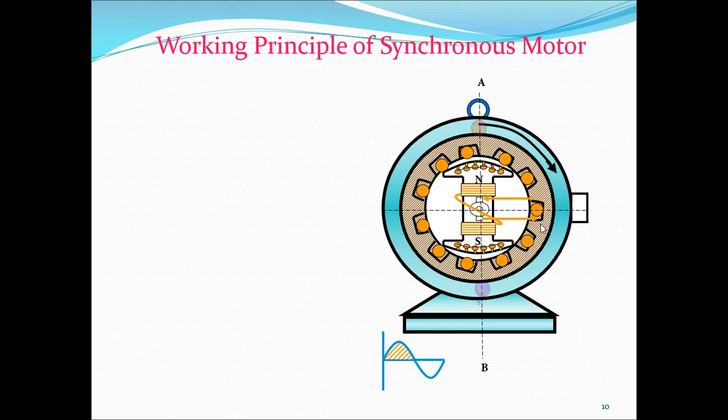So as both are rotating near the synchronous speed, at a particular instant both the stator poles and the rotor poles will attract each other and get locked to each other. That is called locking. The stator poles and rotor poles attract each other and lock each other. This locking system is called magnetic locking. Because of this magnetic locking, the rotor starts rotating at synchronous speed.